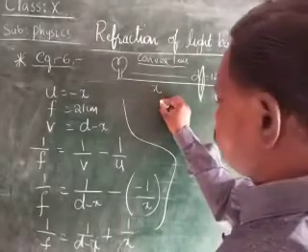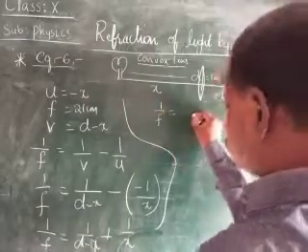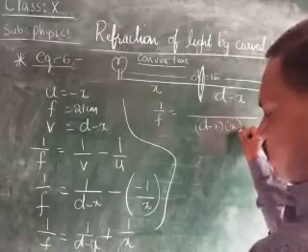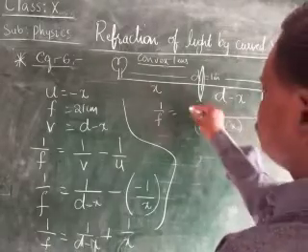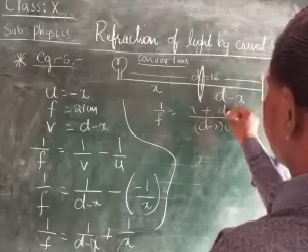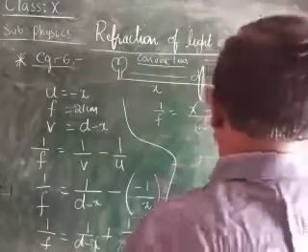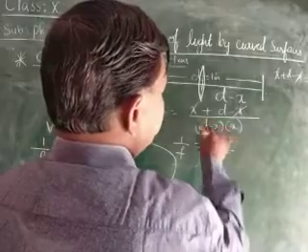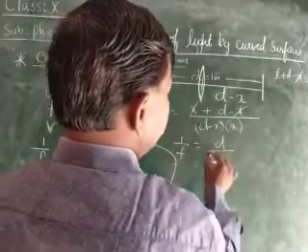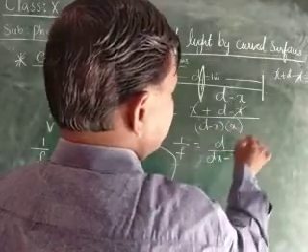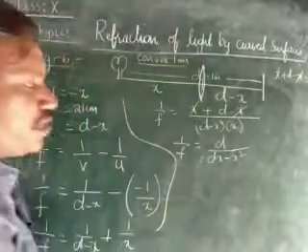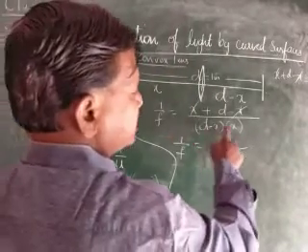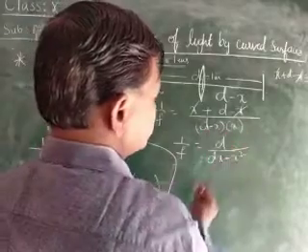Solving this, children, 1 by f is equal to, LCM is d minus x into x. Here x plus d minus x, the minus x and plus x cancel. That is 1 by f is equal to d by x into d minus x. Multiplying d minus x into x, that is dx minus x square, children.